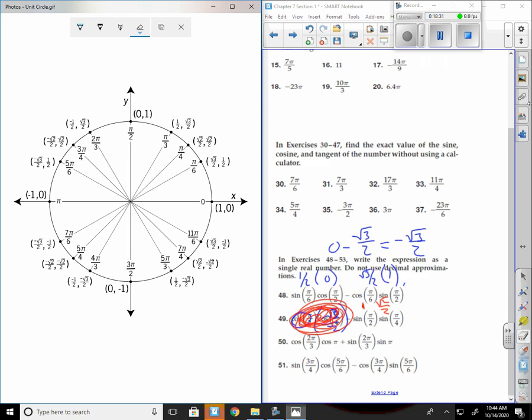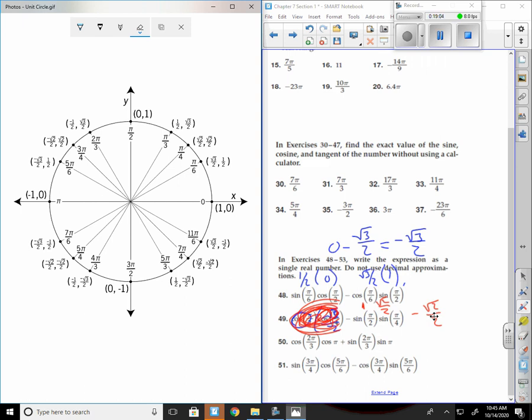Now this was minus all this. 1 times root 2 over 2 gives me root 2 over 2. It was minus, so that becomes a minus. Done. Do not complicate these things. Some of you were ending up with 0 times root 2 over 2 and ended up with root 2 over 2 somehow. Just does not work that way.